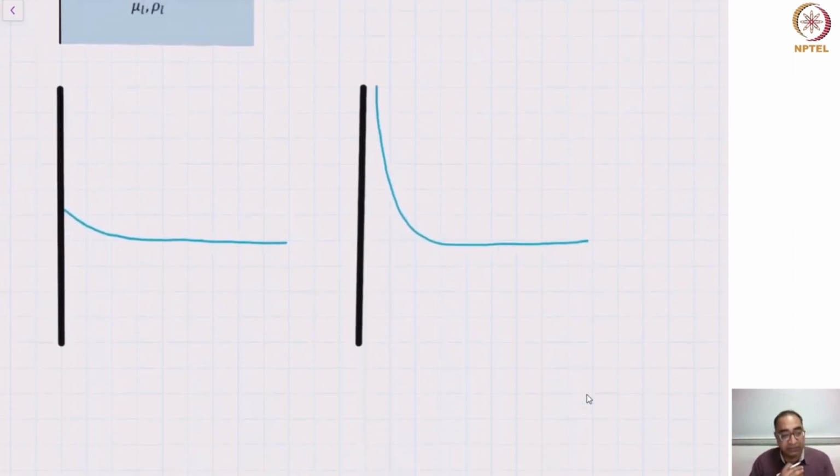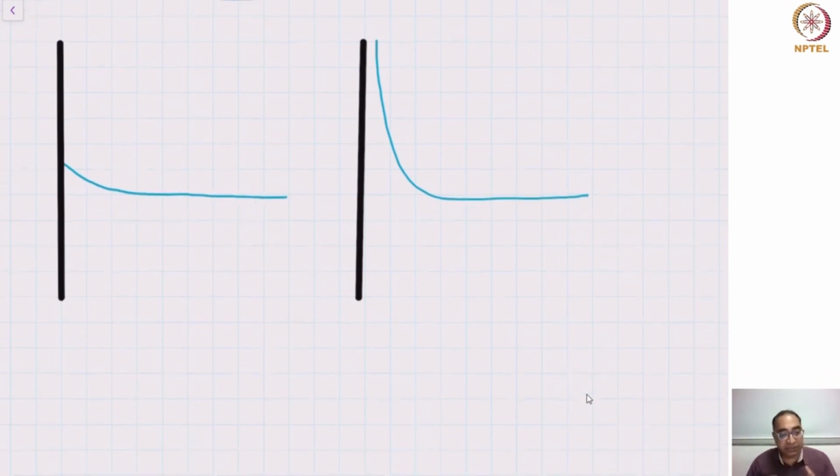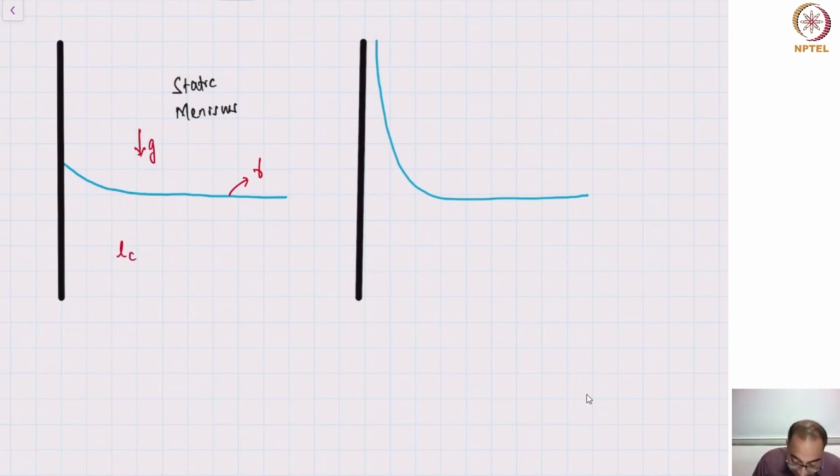Now, how would we go about studying this problem? I'm showing you two schematics. In the left panel, there is a substrate which is dipped into a reservoir, but the substrate is not moving. This you would call a static meniscus. In a static meniscus, there is a balance between the surface tension force and gravity downwards, and this results in a length scale L_C, which you have already seen.